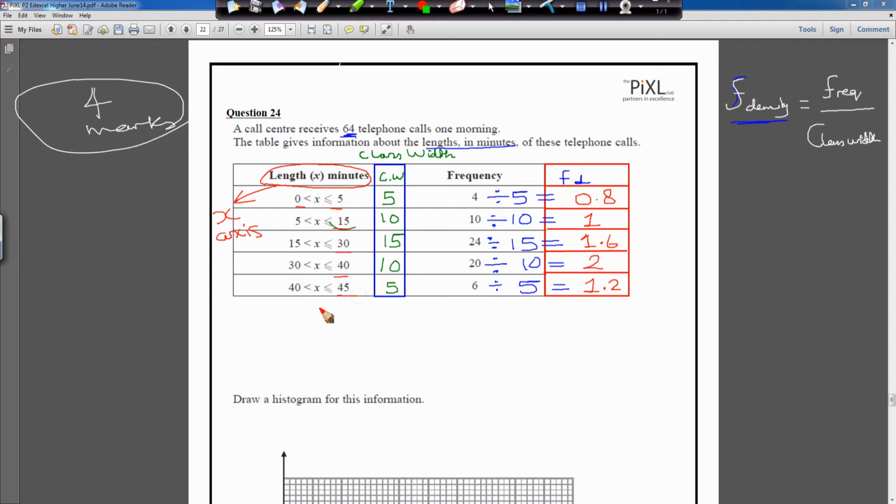Those are the lines we need to draw along the bottom. So then we have a bar between 0 and 5, a bar between 5 and 15, and so on. So these are our x-axis values. And the frequency density will give us our y-axis values. So we print the frequency density along the y-axis.